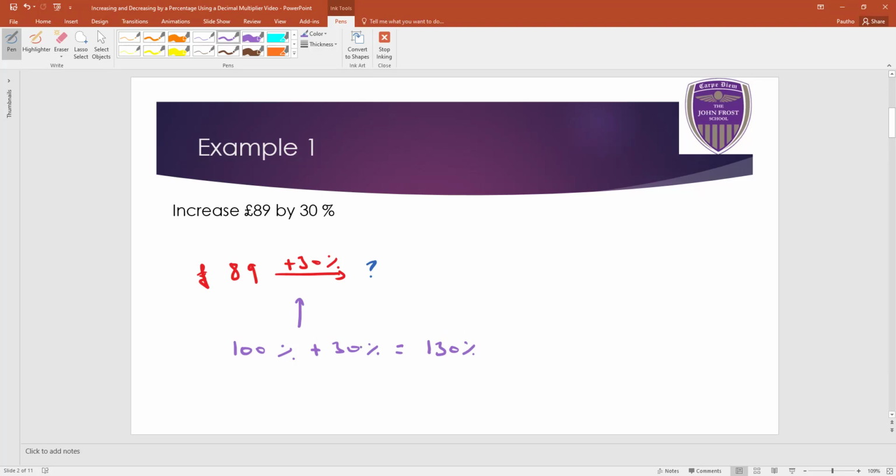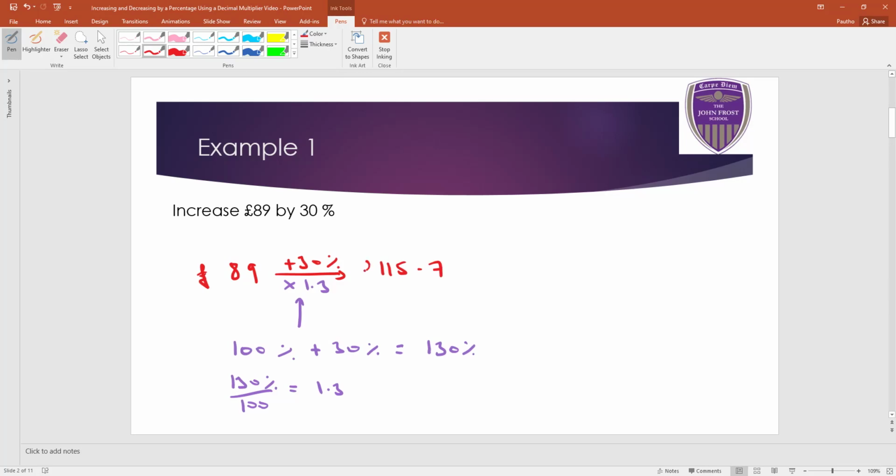And remember, to make this a decimal, just divide by 100. That gives you 1.3. So my decimal multiplier that does all the work for me is 1.3. On the calculator, if you do 89 times 1.3, you get 115.7.